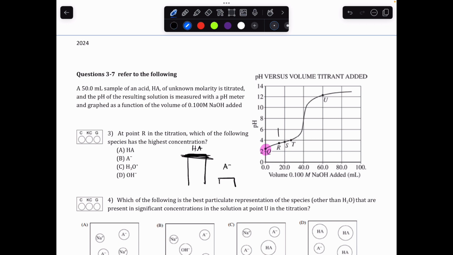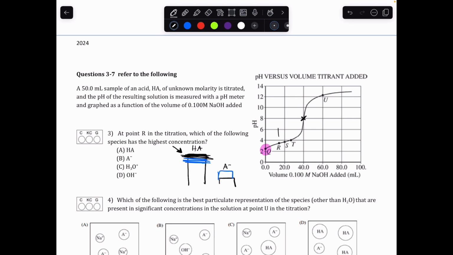I'm going to change colors here to see. So every time this reacts, it would make that much more A minus. Now the equivalence point is the point at which this is all gone, so that would be this point right here on the graph.